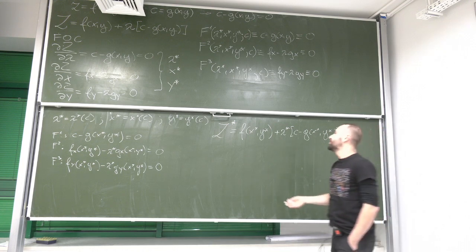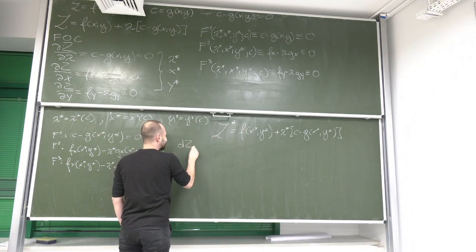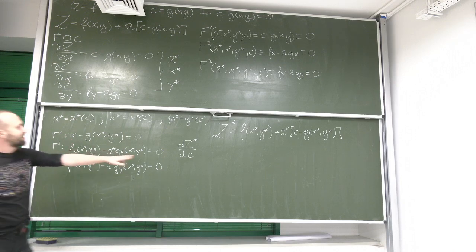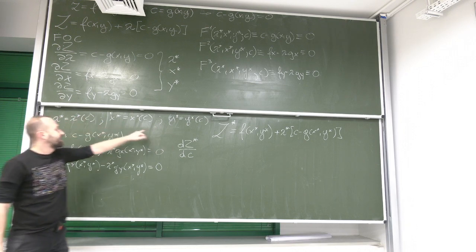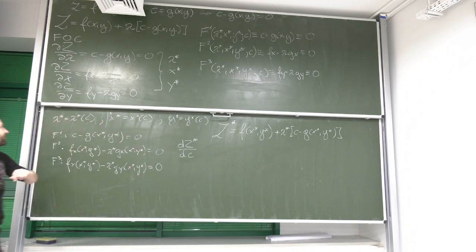So we need to calculate a derivative, right? However, remember that in this case, c impacts three different functions, right? It impacts the optimal value of y, it impacts the optimal value of x, as well as it impacts the optimal value of lambda, right?